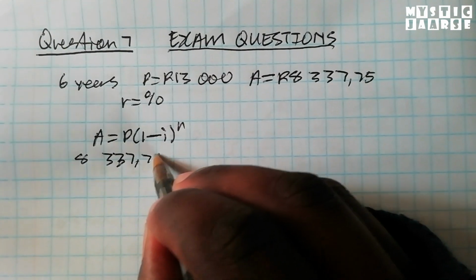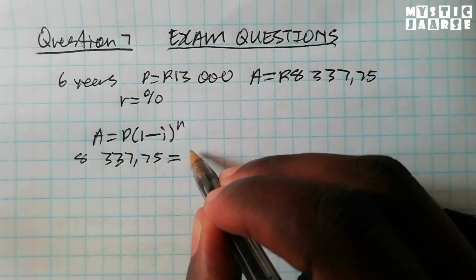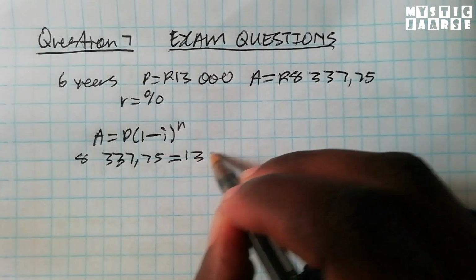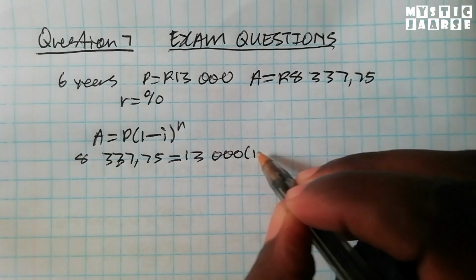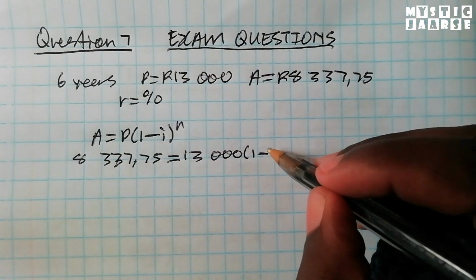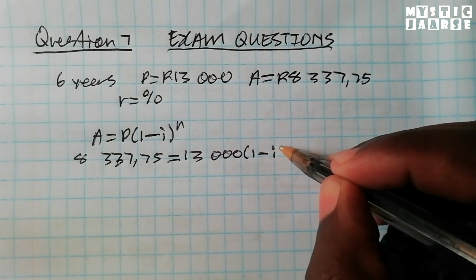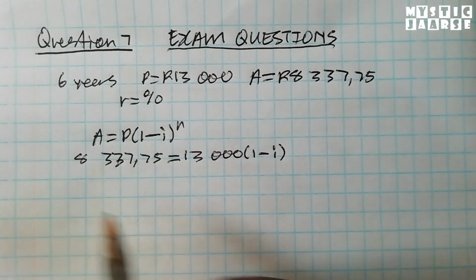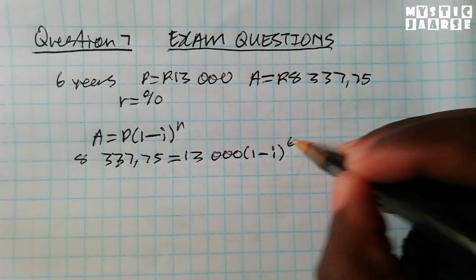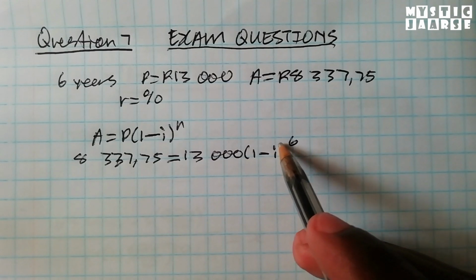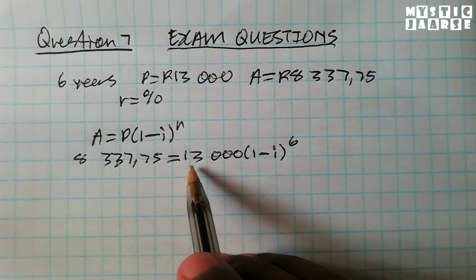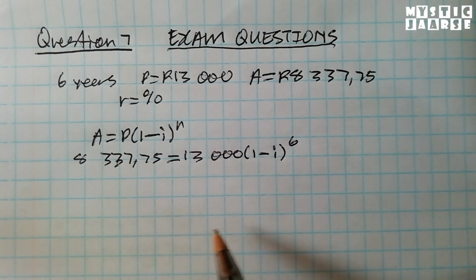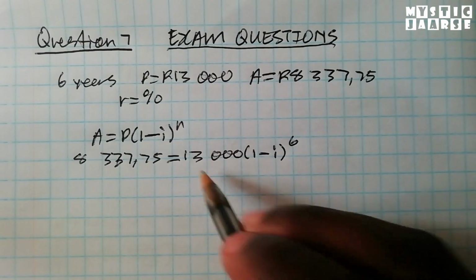8,337 rand 75 cents is equal to principal amount 13,000 into 1 minus the interest rate. That's what we're looking for, to the power of, now the depreciation period is 6 years. So in order for us to solve for i, we're going to have to divide both sides by 13,000 rands so that we isolate i.